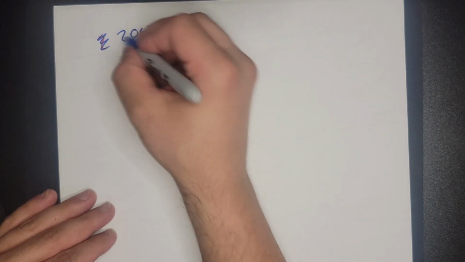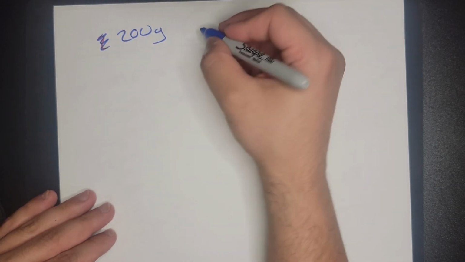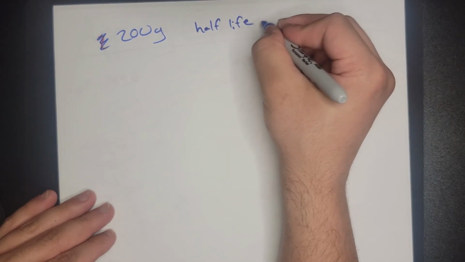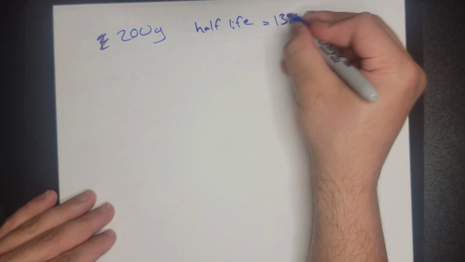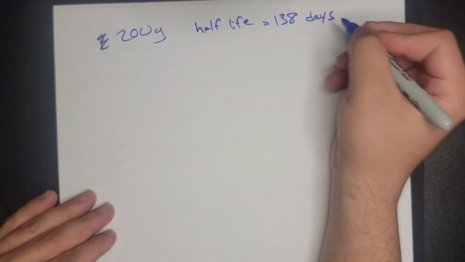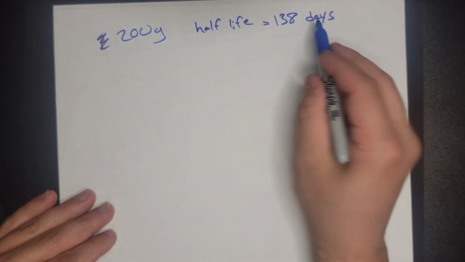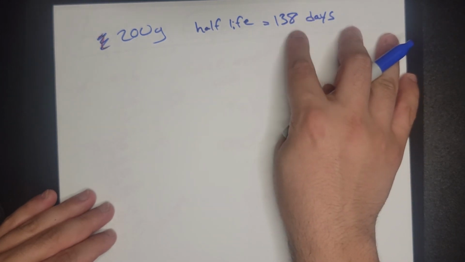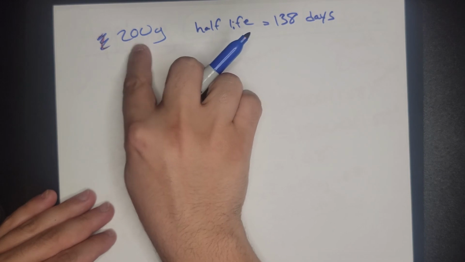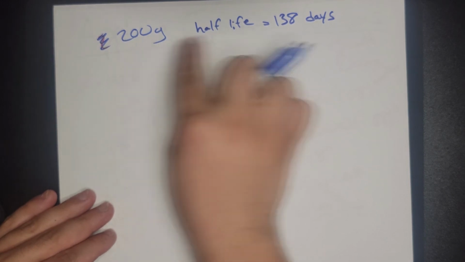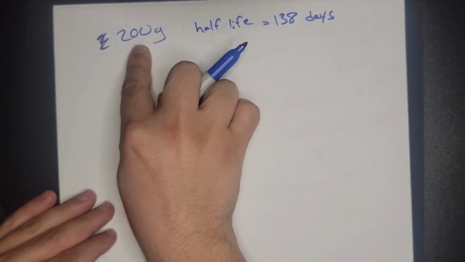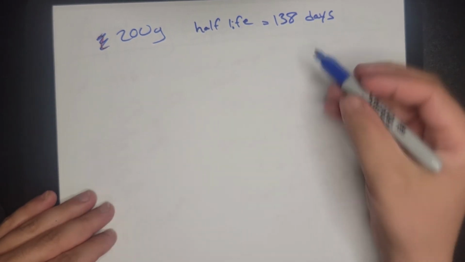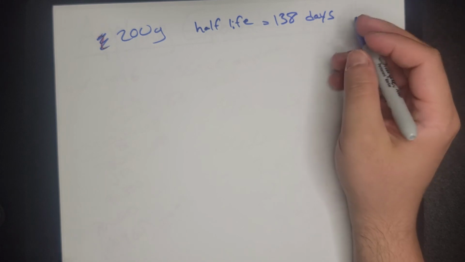And the plutonium has a half-life of 138 days. What half-life means is that every 138 days, this will shrink by half. So after 138 days, this will become 100, then 50, then 25, and so on, every 138 days.